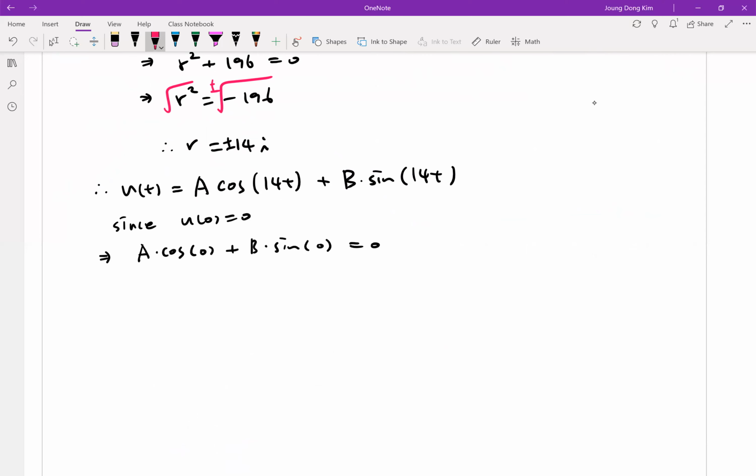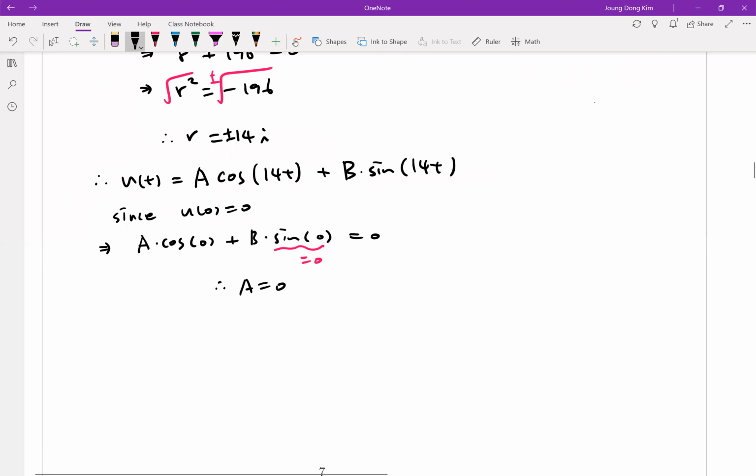As you know, sine 0 equals 0, so A must be equal to 0. Then let me update my solution: u of t is just B sine 14t. In this case, since it's not a combination of sine and cosine, we don't have to worry about combining them into one cosine.